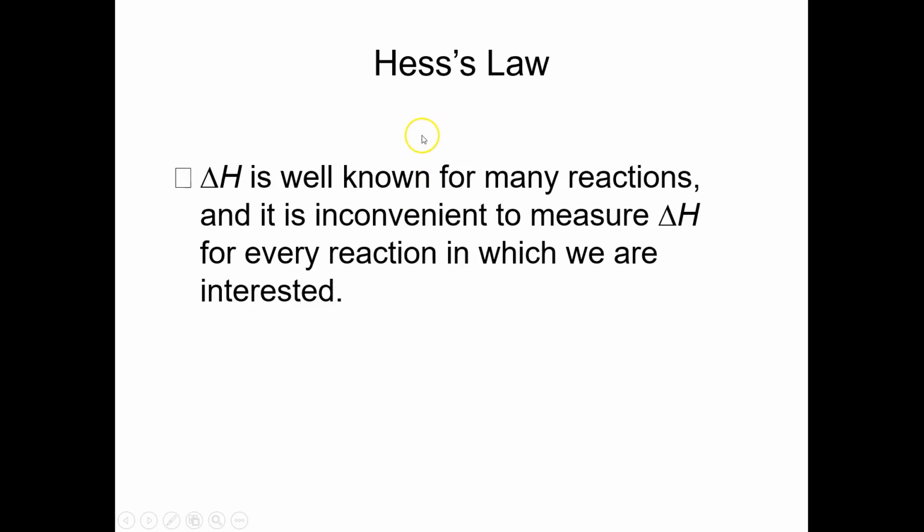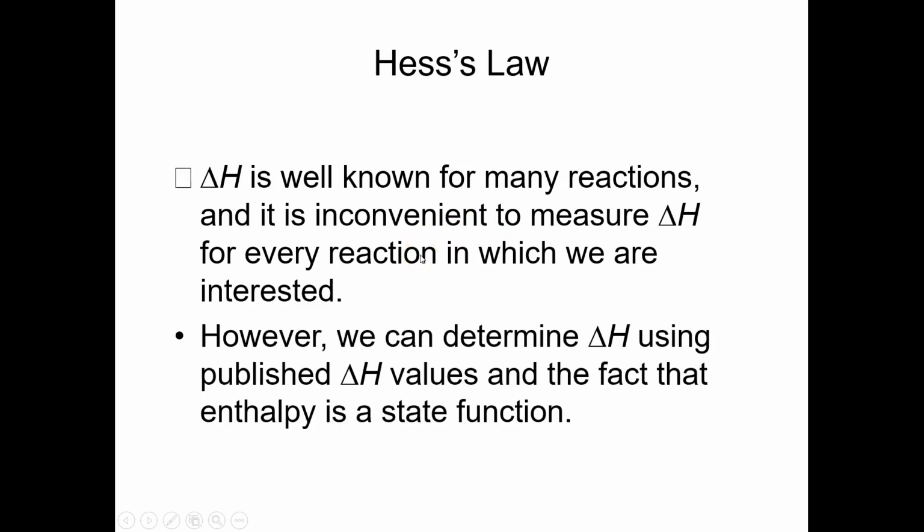Delta H is well known for a lot of different reactions, but it's not convenient, or sometimes, like in the example I'm about to show you, not really possible to measure delta H for every reaction we're interested in. Some would be very difficult to measure. But we can use published delta H values for reactions that have been run to work out the delta H values for a reaction that hasn't been run and in fact would be very difficult to run.